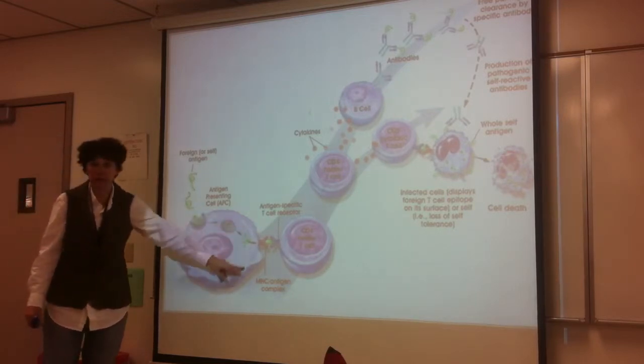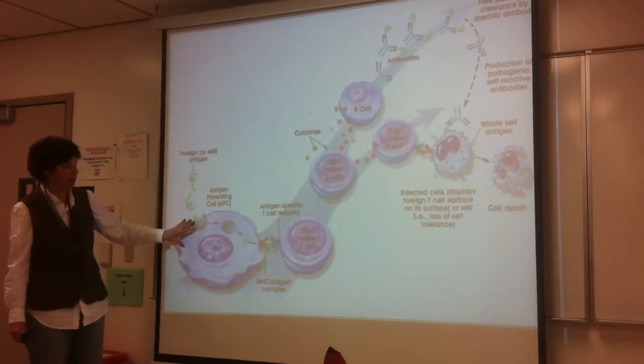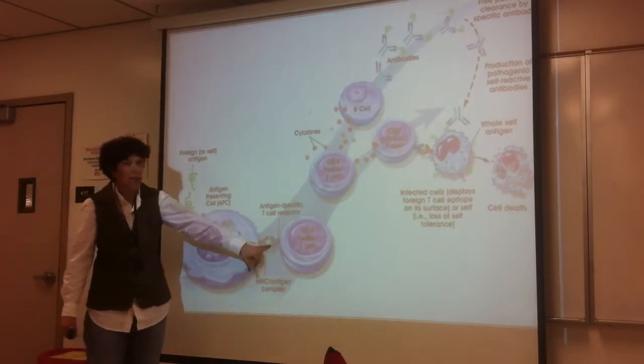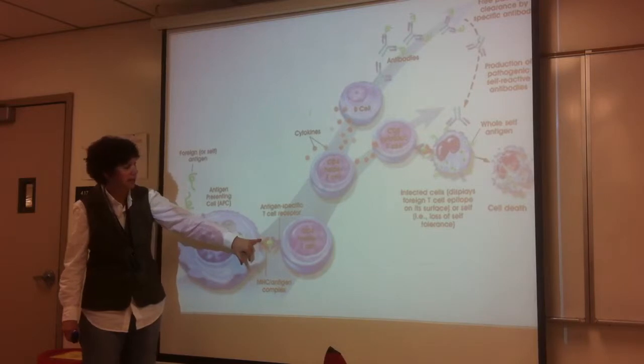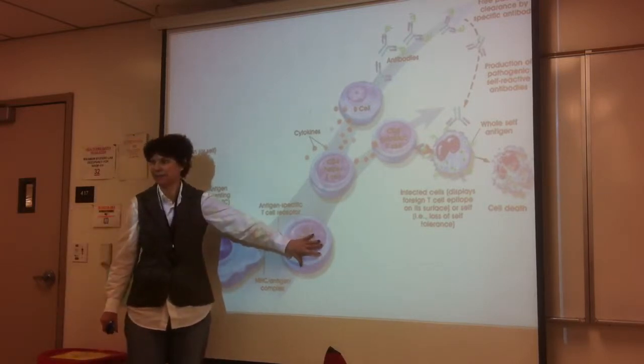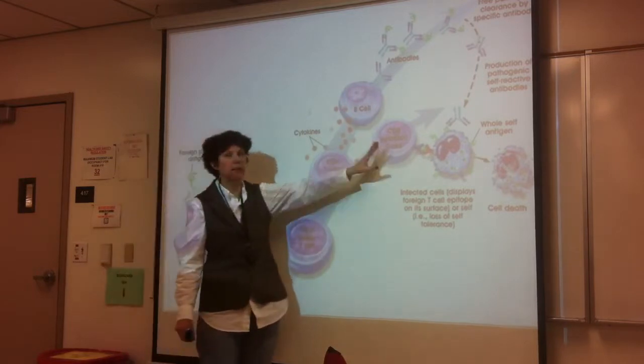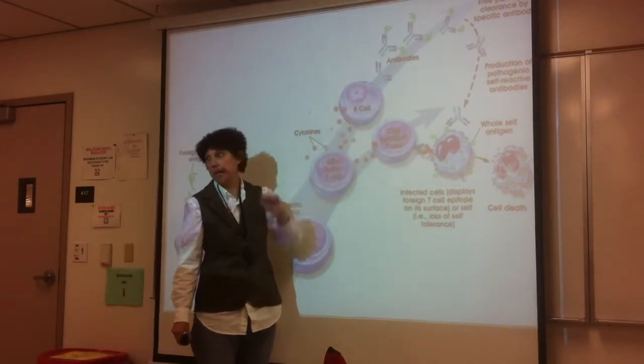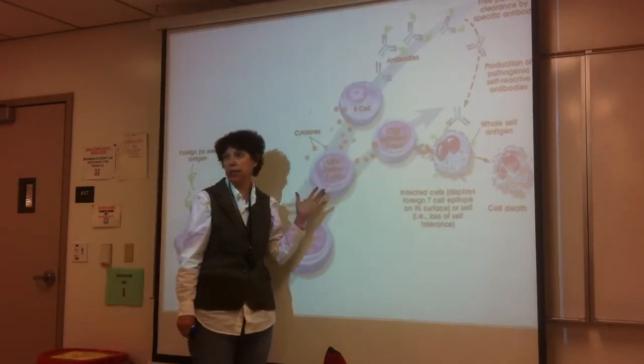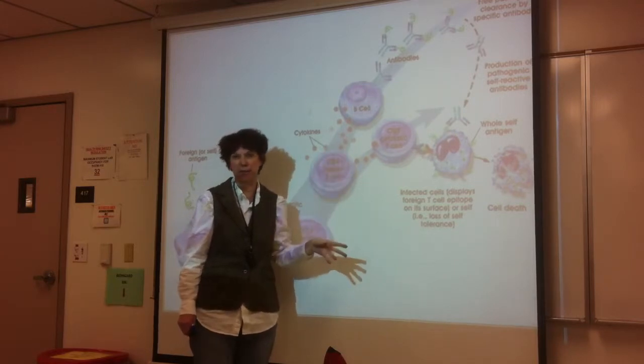So here is a macrophage or dendritic cell presenting a small antigenic fragment to a T helper cell. T helper cells then function to activate either the T killer or the B lymphocyte. So we need the T helper cells for either of those pathways to work.